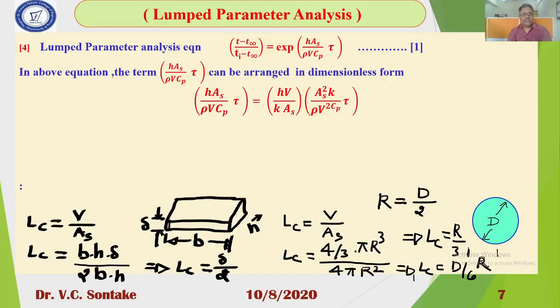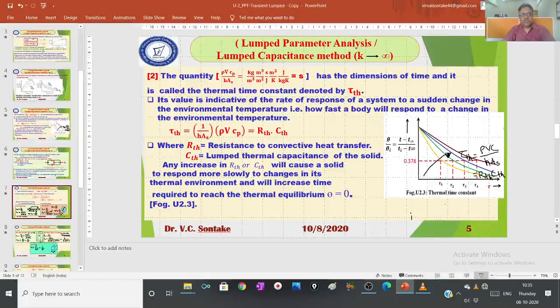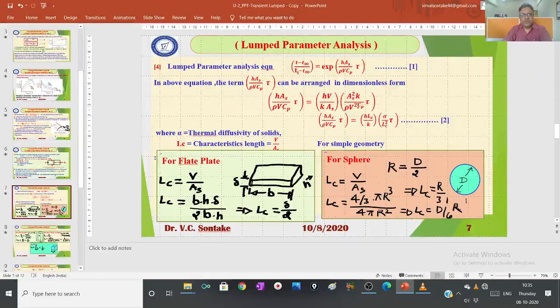So hAs over rho V Cp into tau can be written as hV over kAs, where V is the volume of the body and As is the surface area, into As square k over rho V square Cp into tau.